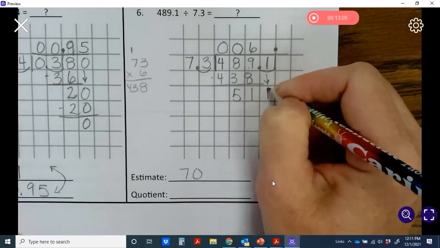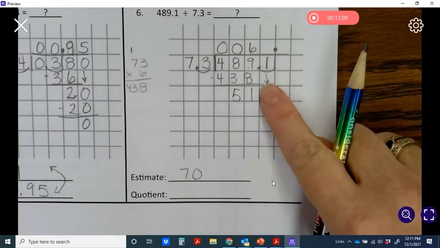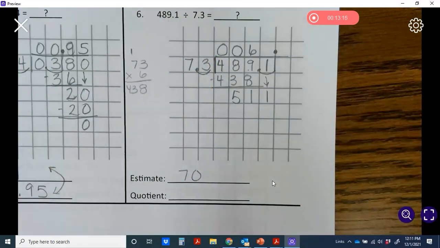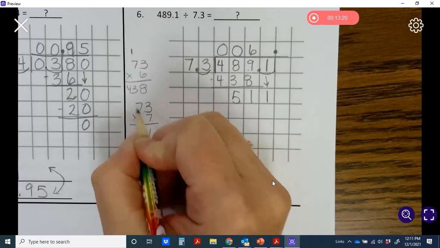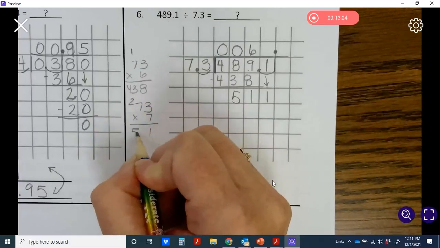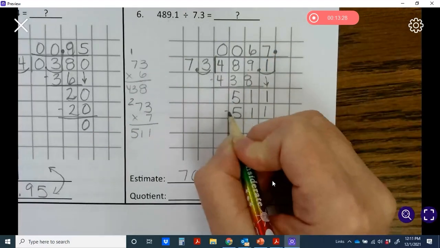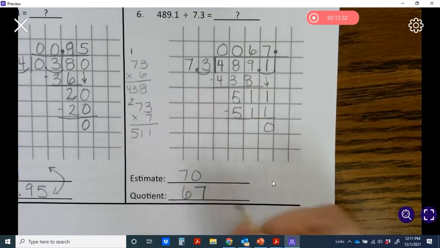Bring down the 1. Okay, now cover up the 1, cover up the 3. How many times does 7 go into 51? 7 times. So 73 times 7, 21, 49, 50, 51. 511. 0. So our answer is 67.